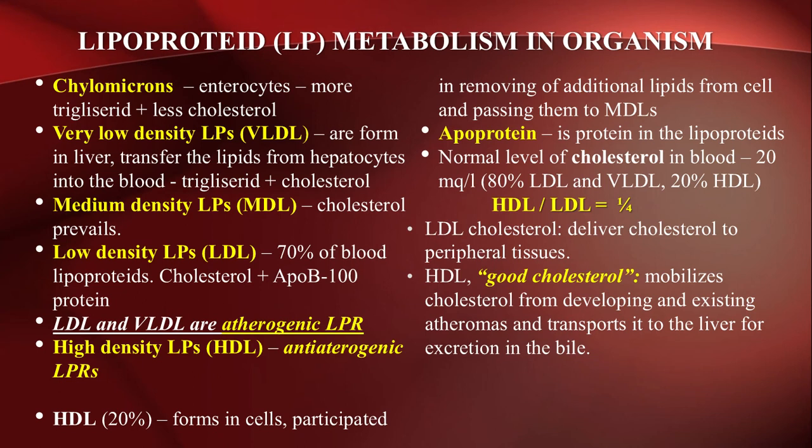The normal level of cholesterol in blood is 200 milligrams per liter, and the ratio of HDL to LDL equals 1 to 4. So low density lipoprotein cholesterol delivers cholesterol to peripheral tissues. The good cholesterol, the high density lipoproteins, mobilizes cholesterol from developing and existing atheromas and transports it to the liver for excretion in the bile.